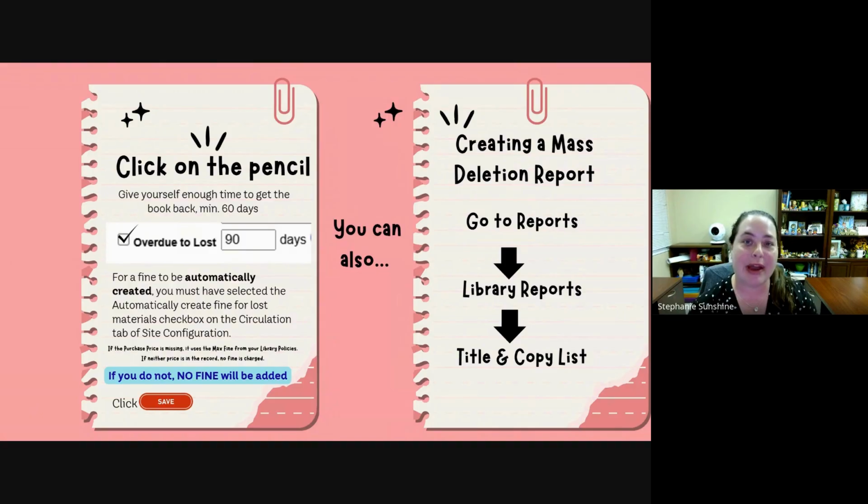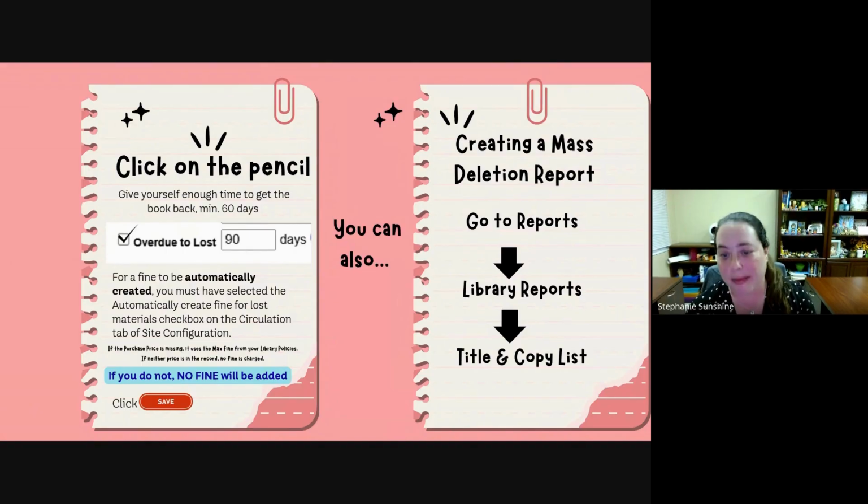That would require that at the end of every year you go in, and you realize that all these books now are lost or they're not coming back. However, this is a mass deletion. So this is different. You're going to take the books that are underneath the student's account and delete them from the system because you realize they're not coming back.